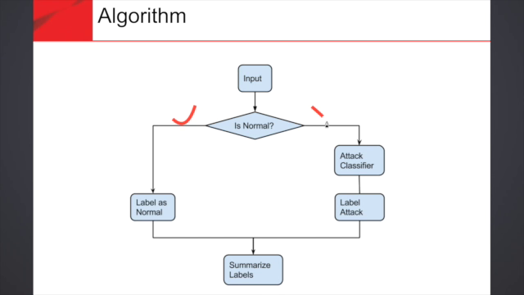If we think it's abnormal, we send it to the attack classifier. In this attack classifier, we can label each of the records as one of 4 kinds of attacks. Then we merge those 2 labels together and produce the final label.